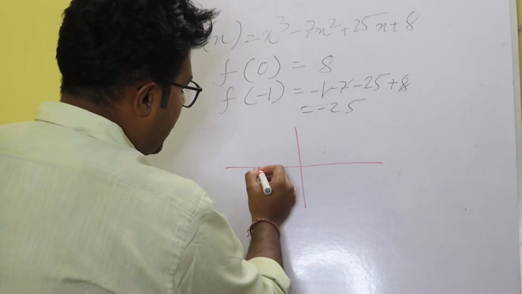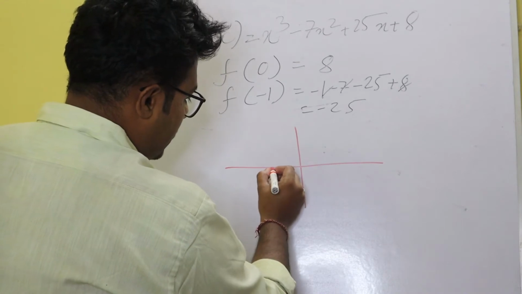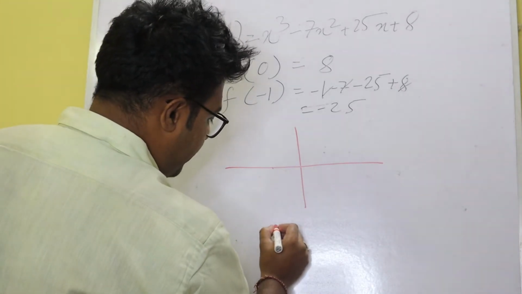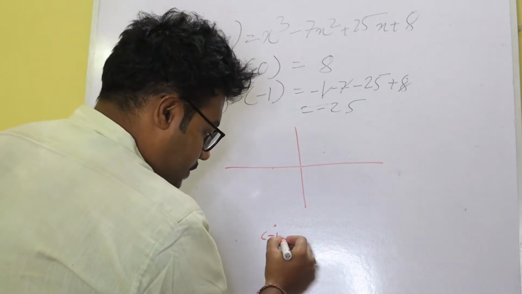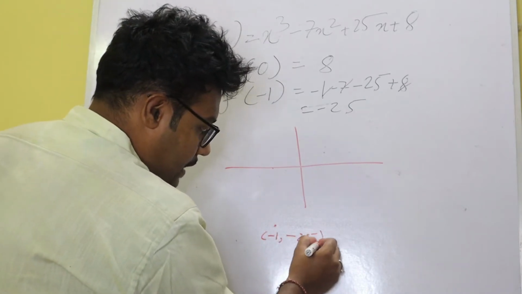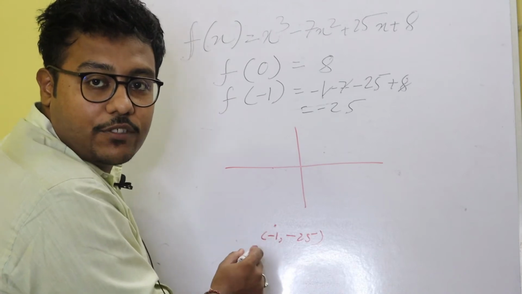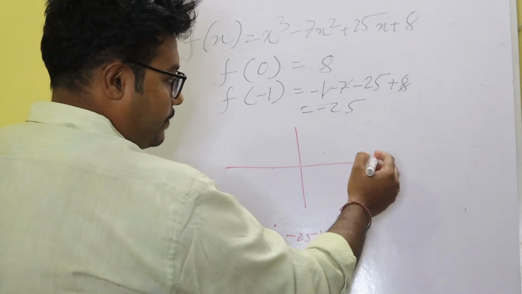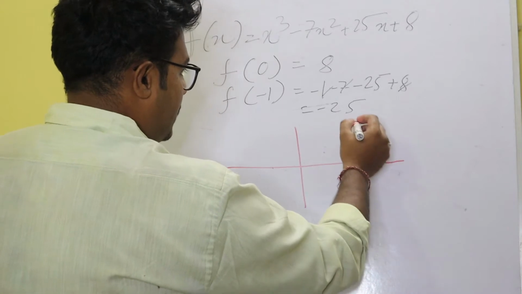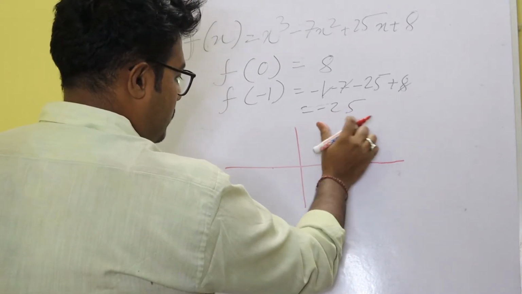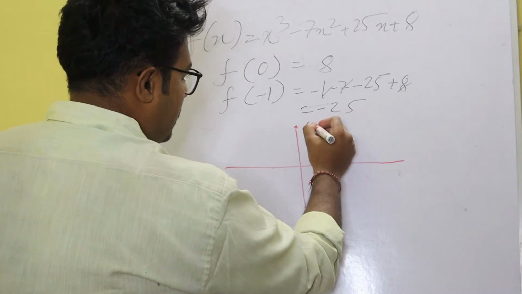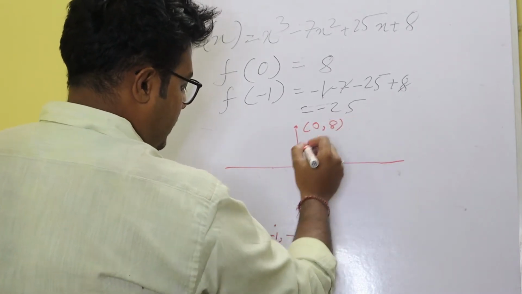suppose this point is minus 1 and minus 25, and suppose this point is 0 and 8.